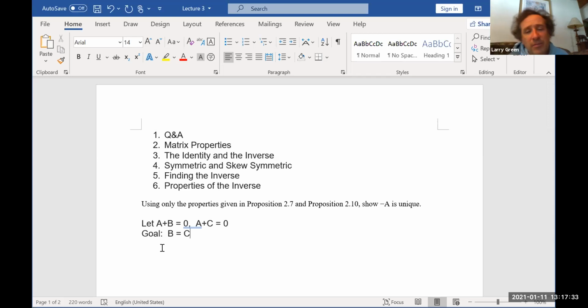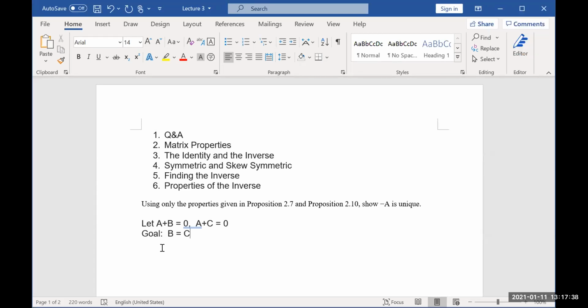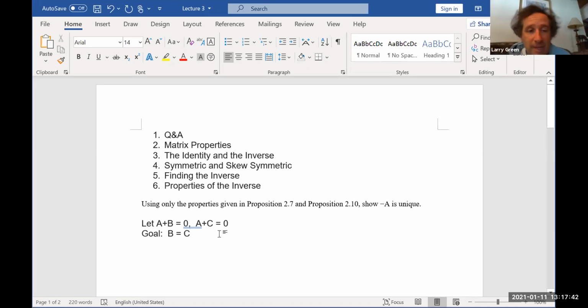Okay. Now, what does it mean for two matrices to be equal? That all their entries are equal. So that means I can look at the ijth component and show they're equal. Does that make sense?